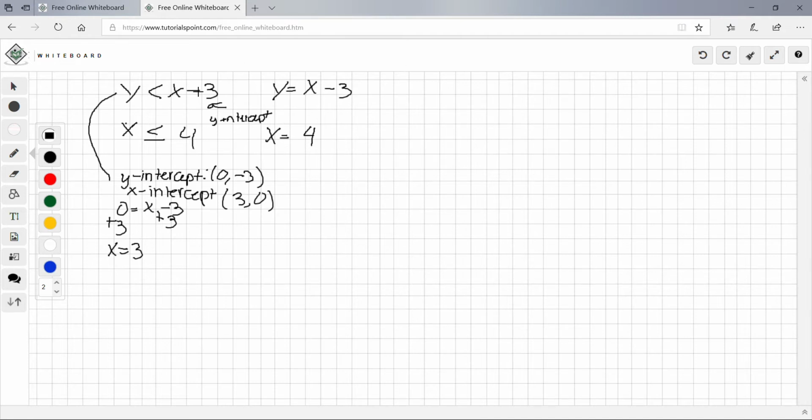Let's see, this one's going to be dashed, right? Because this will be a dashed line, and then this will be solid.